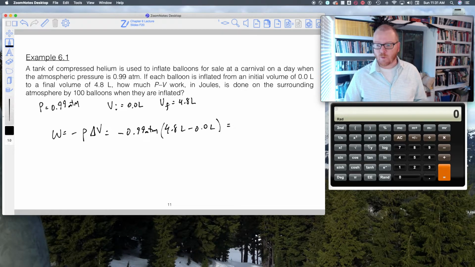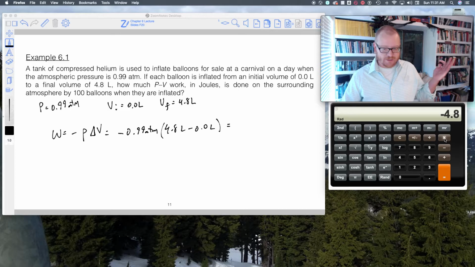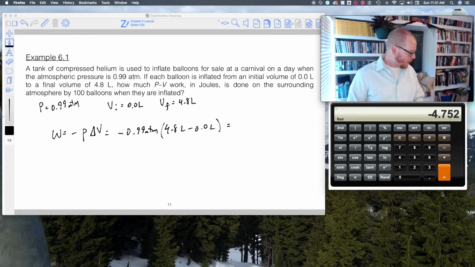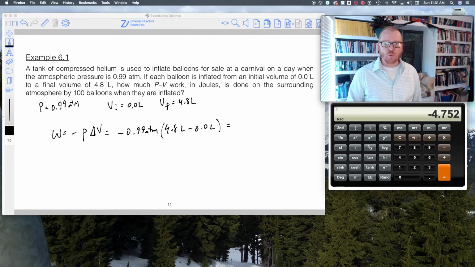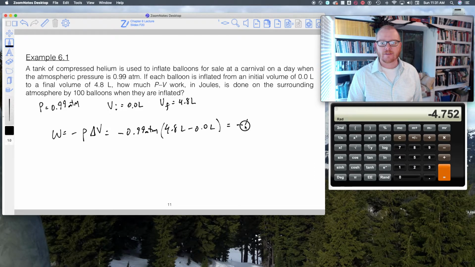And that's some quick and simple math. I didn't do that in the right order, but all the same, it's still going to give me the right number. Okay, and with two significant digits, that's going to be negative 4.8.